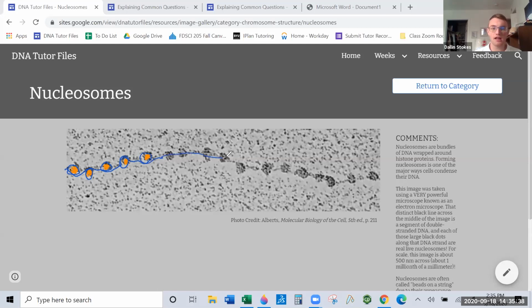You can see it right there. That's DNA. So there you go. That's a real life photograph of DNA wrapped around histones. Notice there's a histone every couple of 100 base pairs. And we just string them out. It looks kind of like beads on a string. That's usually the term they use when describing histones on DNA: they call them beads on a string.